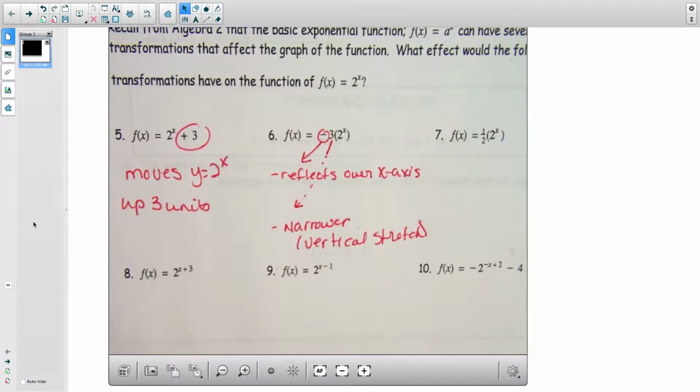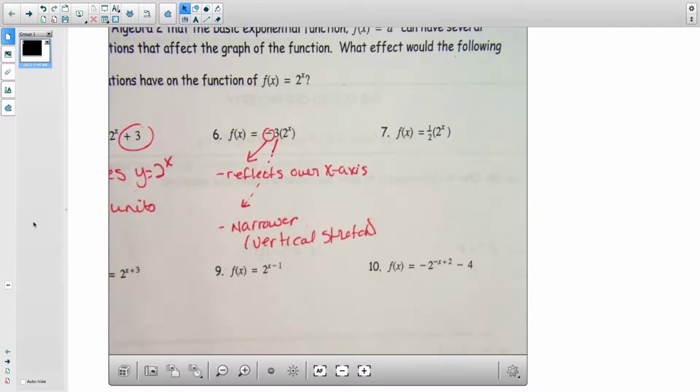Questions on 6? How many transformations do I have on 7? Charlie? 1. What is that? It's going to grow kind of half.